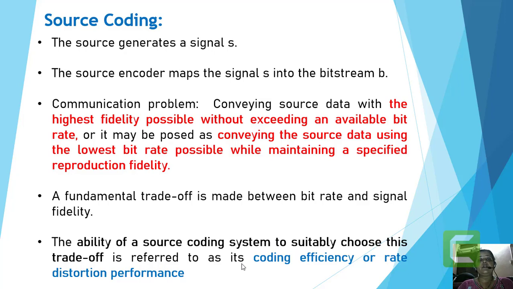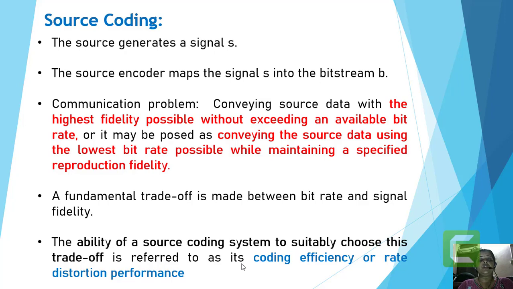That's why for every communication system there is always a trade-off between the bit rate and the signal fidelity. That means if I increase the signal fidelity, then the bit rate has to be increased. Or if the bit rate is decreased, then the fidelity of the signal is going to decrease.